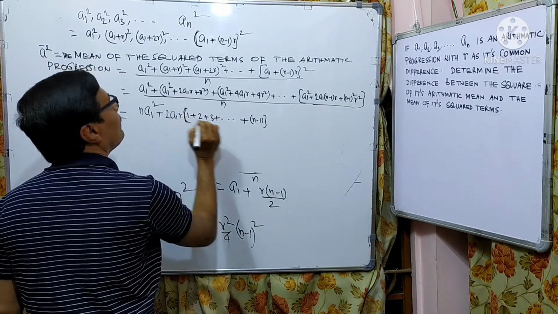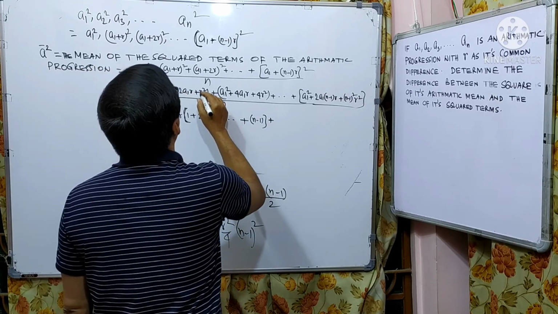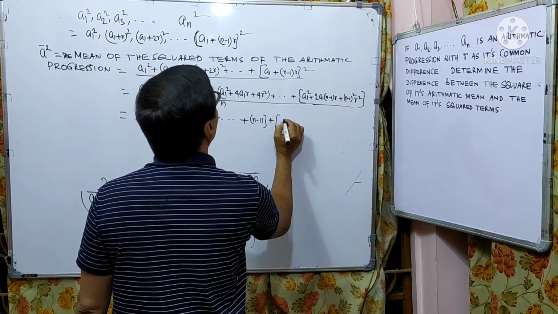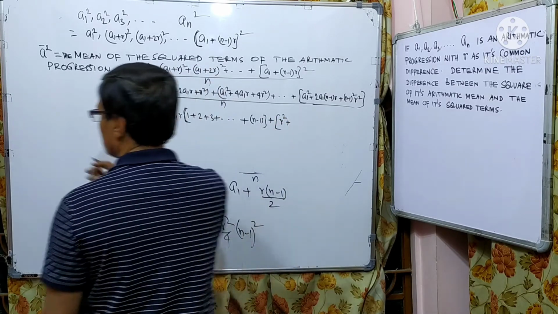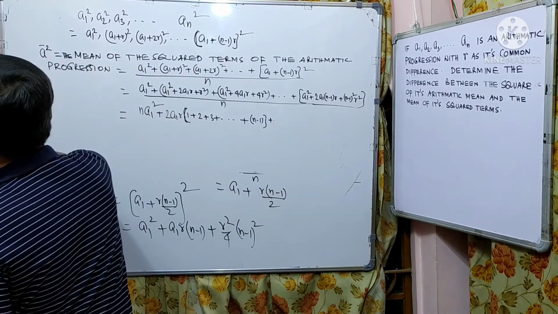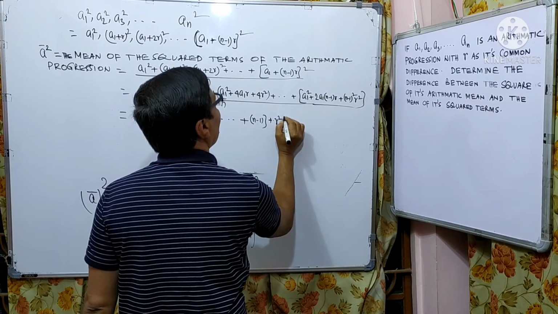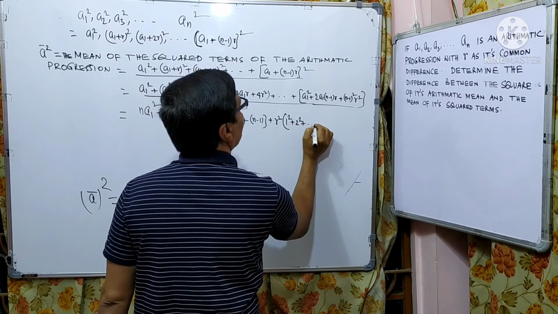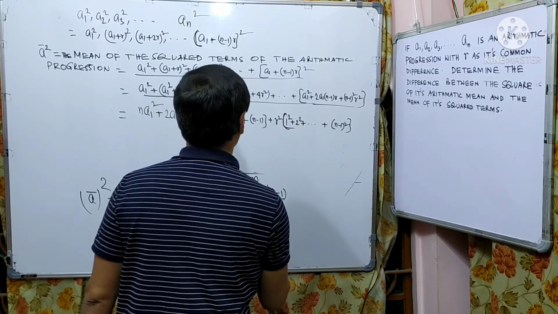And we also have r square; we can factorize this term. After factorization, we get r square into 1 square plus 2 square plus dot dot n minus 1 square, all over n.